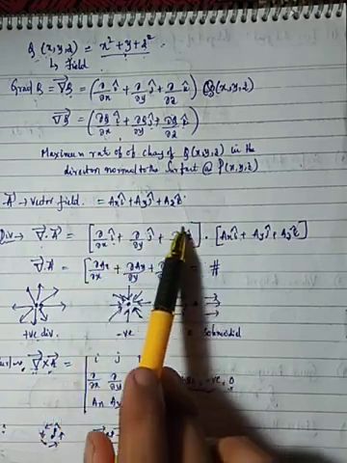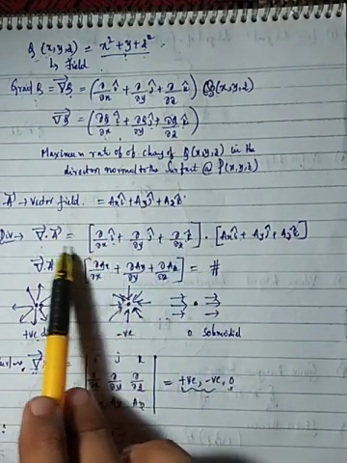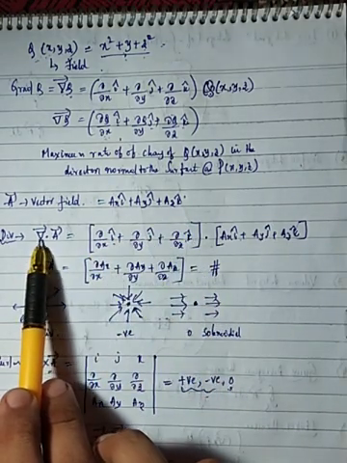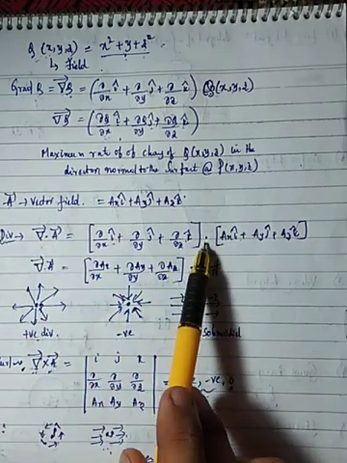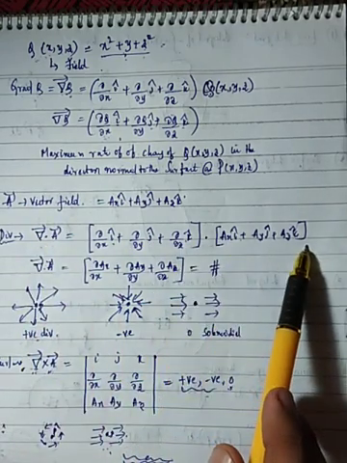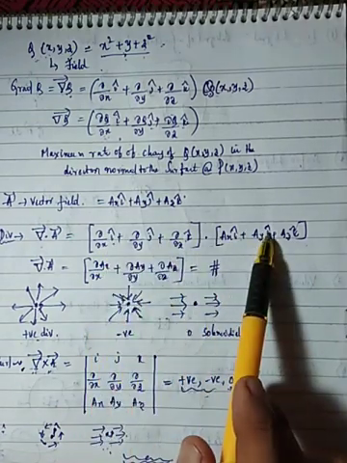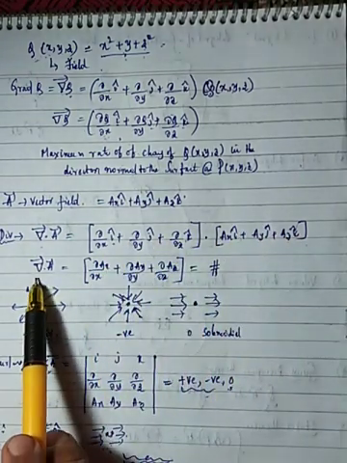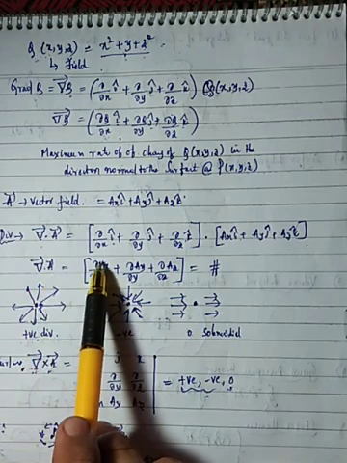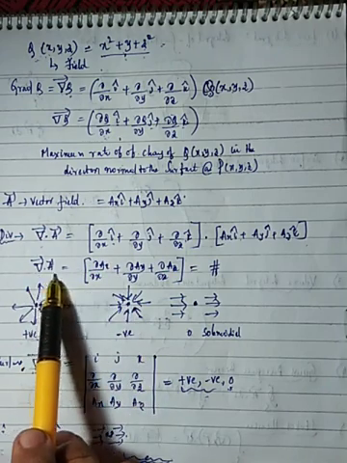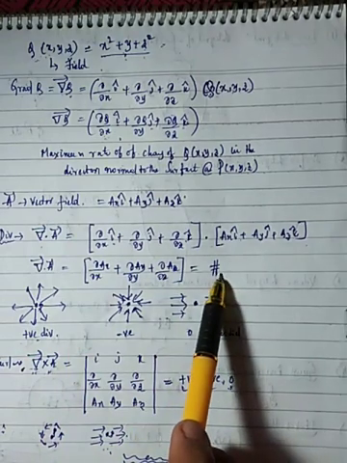This is the definition of del. When it is dotted with this, please remember, in a dot product, i dot i will be 1, i dot j will cancel out, all the cross terms will cancel out, and del dot A is defined as, since you are taking the dot product, it must be a scalar.